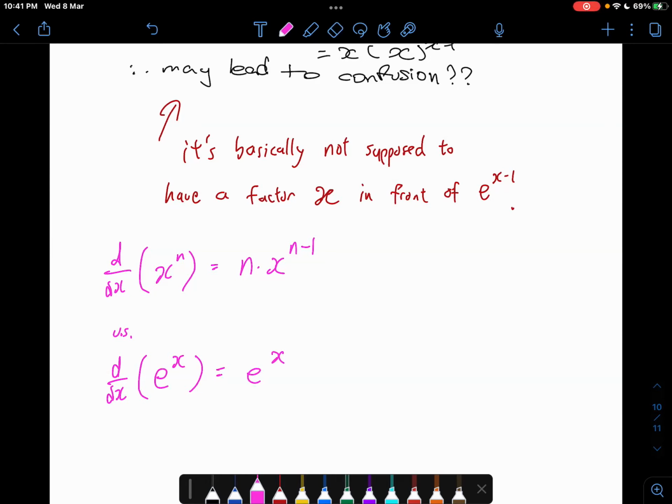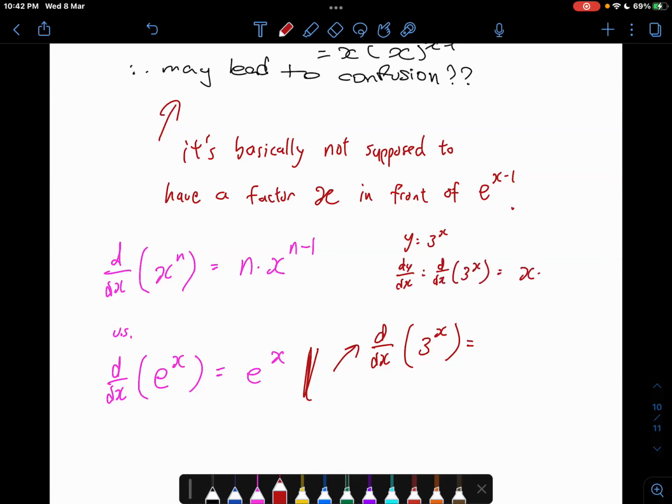Extra bonus question. What happens if I want you to differentiate 3 to the power of x? What is the answer? 3 to the power of x. You bring down the x and then minus 1?